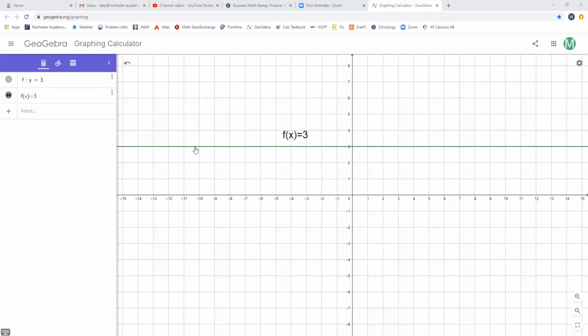And what we can see when we're talking about the derivative of this function, remember we're talking about the slope. We're talking about the instantaneous rate of change. And wherever we are on this line, there's no change in the output value at all, right? The change is 0. And so that is why it would make sense for the derivative of this function, wherever it is, to be equal to 0.